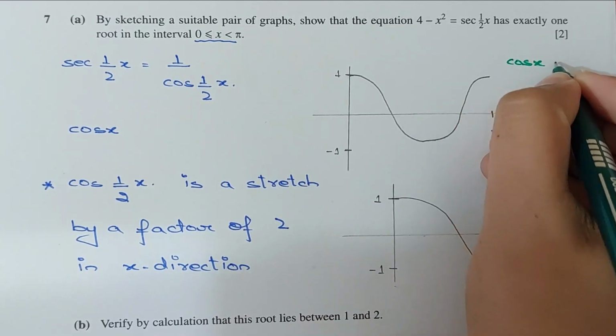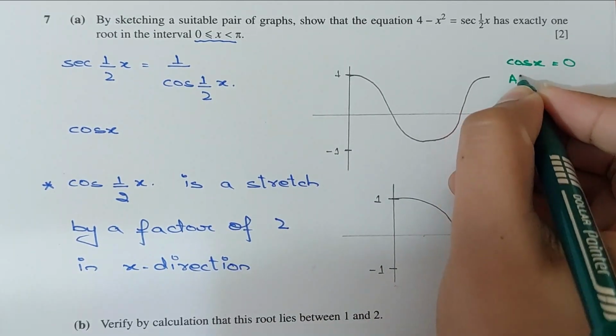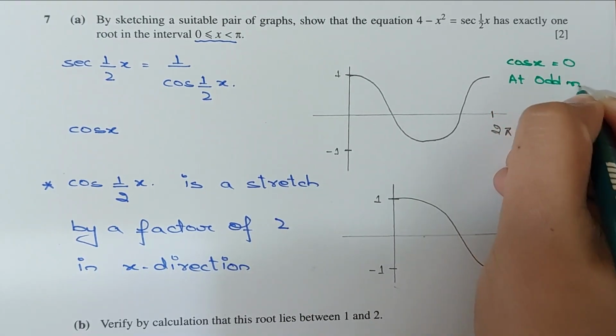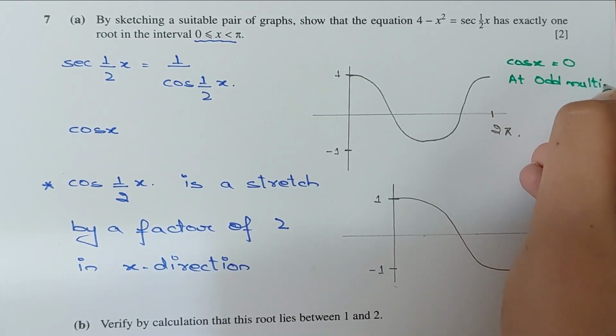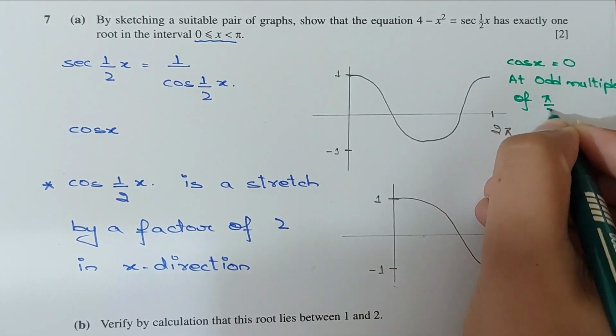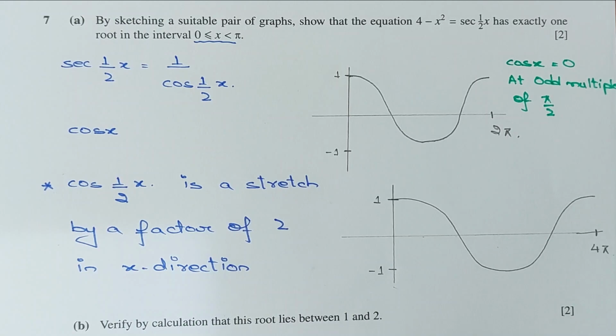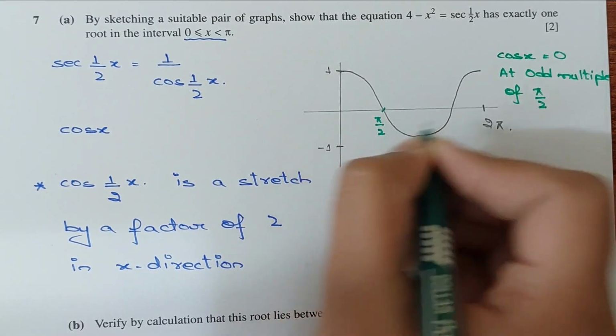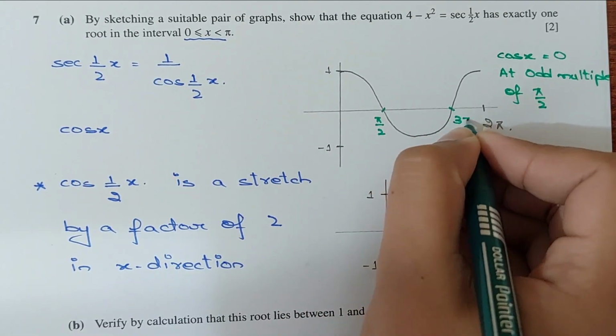Cos x is equal to 0 at pi by 2, 3 pi by 2 and so on. So we can say this is pi by 2, it is 0 at 3 pi by 2, right?